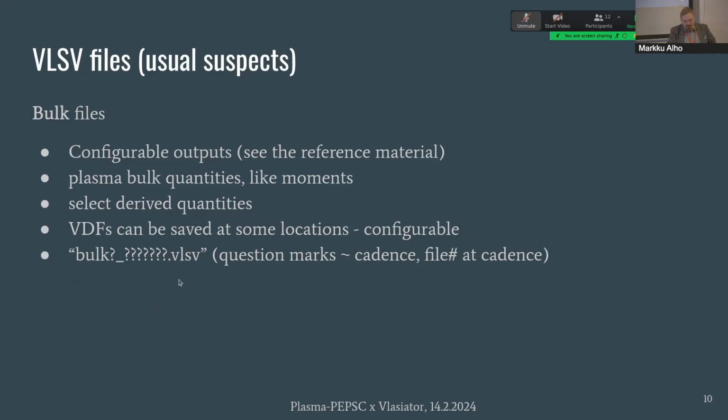And we use a naming scheme that looks something like this. So the cadence in seconds, and then the index of this bulk file. And you can configure several bulk output writers with different names.